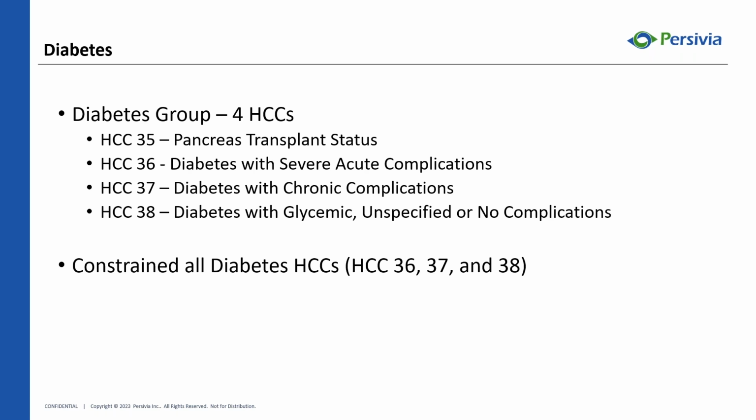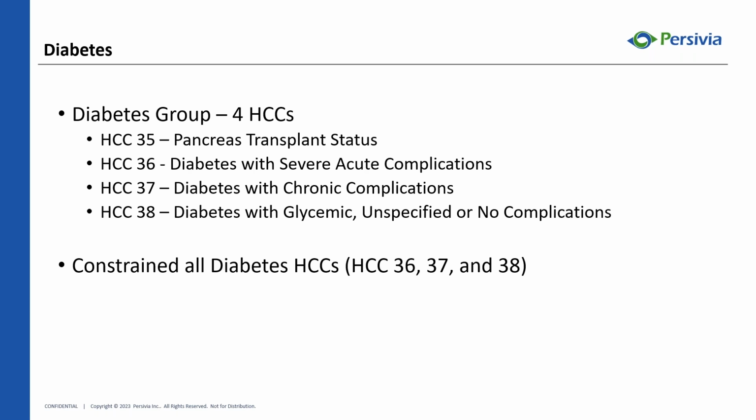Now, under the version 28 model, the ICD-10 codes that map to HCC 186 have all been classified into new HCCs, such as HCC 276, which is the lung transplant, HCC 62, which is the liver transplant, HCC 454, which is the stem cell, including bone marrow transplant, and so on.